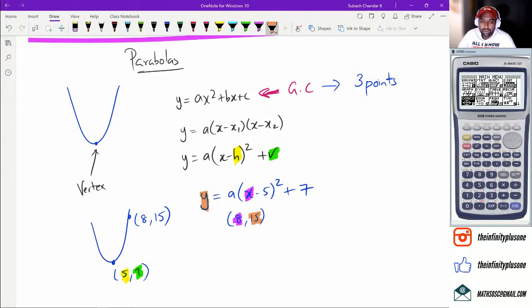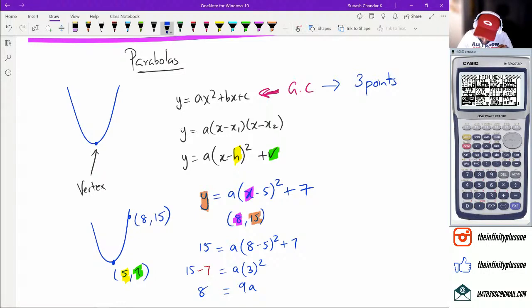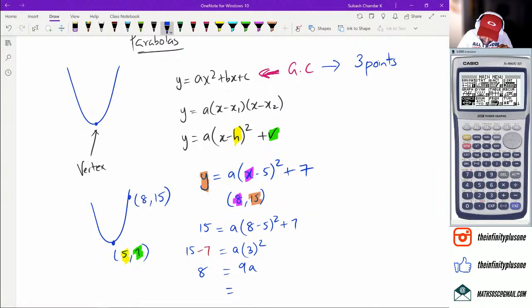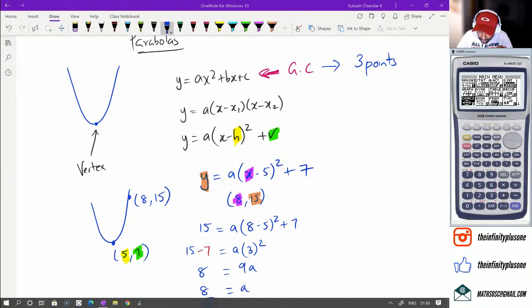When we rearrange it, we can figure out what a is. So we've got 15 equals a times (8 minus 5) squared plus 7. So 15 take away 7 is 8. A is times 3 squared, so we've got 9a equals 8, and a equals 8 over 9.